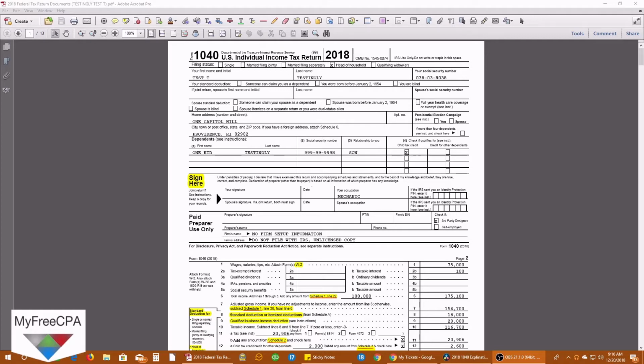And like most government things, when they simplify them, they make them more difficult. So we've gone from a 2-page form to a 1-page form with 7 schedules or 6 schedules. I'm not telling you if that's easier, but let's get started.